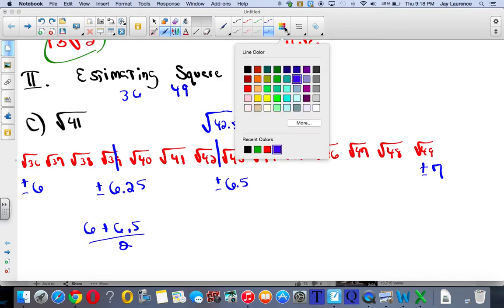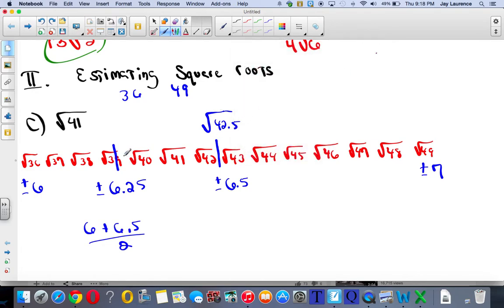All right, now I'm going to change colors so my work stays a little separated. Now, I'm going to try to get the median here. It's a little bit weird because those are there, but it looks kind of like the 41 is maybe in the middle, doesn't it? That's not exactly the middle. It's probably going to be skewed over here a little bit.